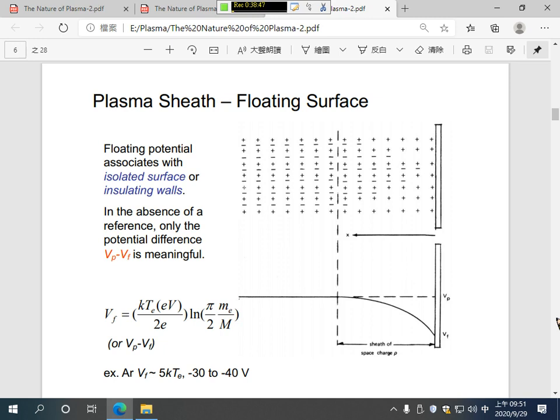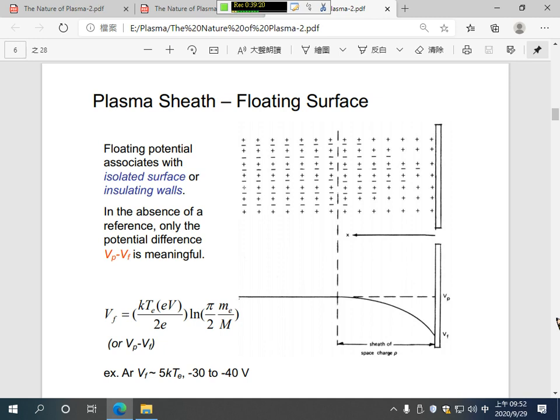So the floating potential actually is the potential between plasma and the surface of a material, if it's an insulator, if you insert the insulator inside the plasma, okay? And if you insert a piece of metal inside the plasma and let it float, it means that the metal plate does not connect to a ground wire.